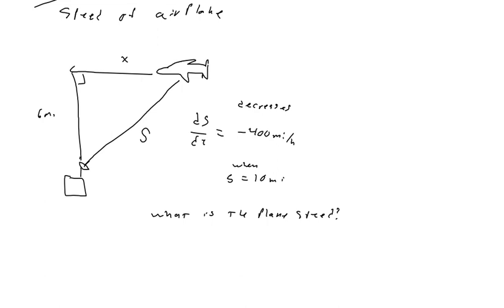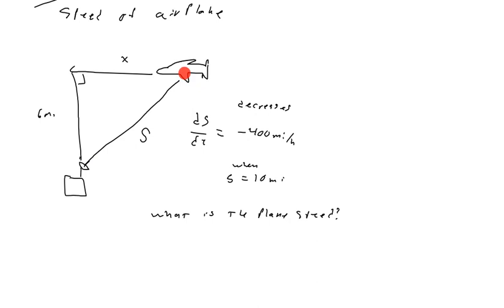So I know the radar distance. The radar is tracking this plane. It's pinging the plane every so often, and it tells when the distance to the plane S here is 10 miles. When this distance is 10 miles, the distance between the radar and the plane is decreasing at 400 miles an hour. So the plane is moving this way, right? We know this distance is decreasing 400 miles an hour.